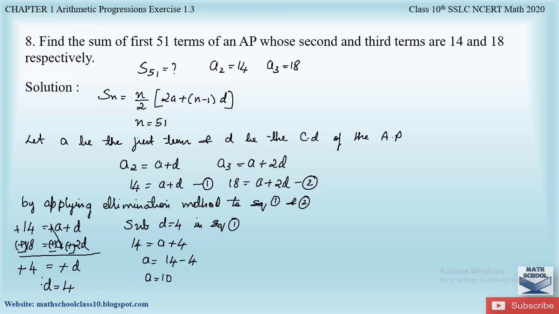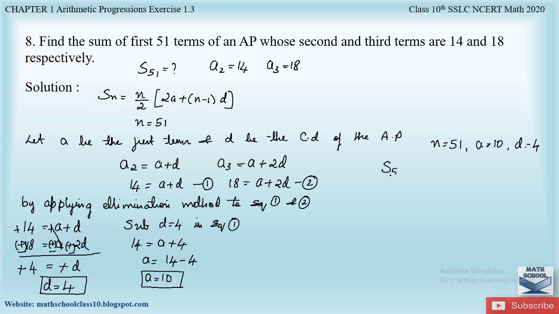So we got the d value equal to 4 and the a value equal to 10. Let us substitute in the formula of the sum and find out the sum for the first 51 terms. Since we have to find the sum for 51 terms, n is equal to 51, a is equal to 10, and d is equal to 4.